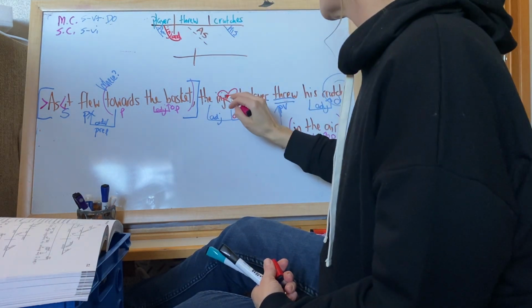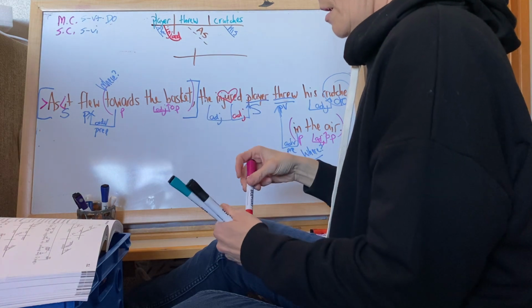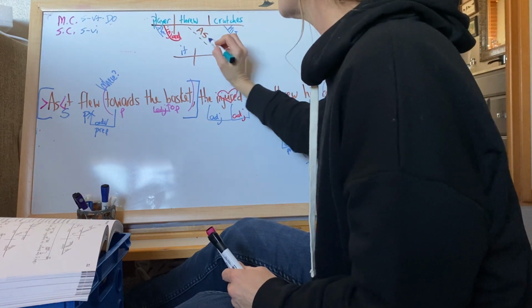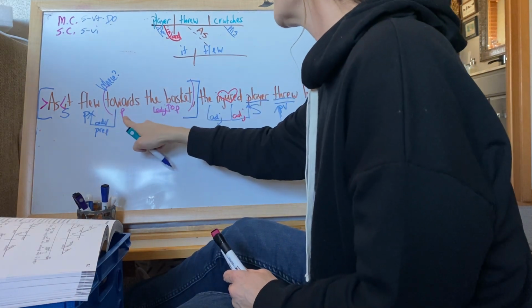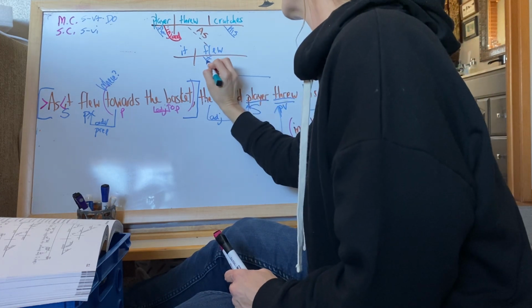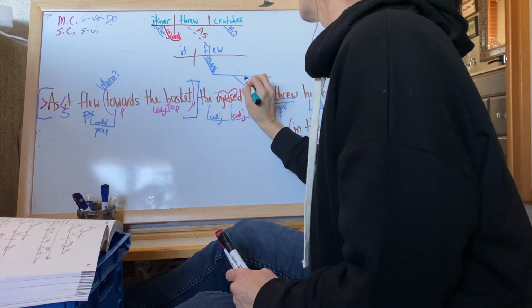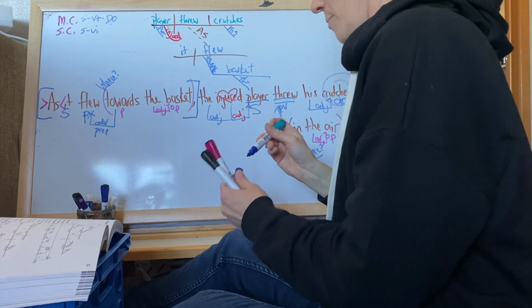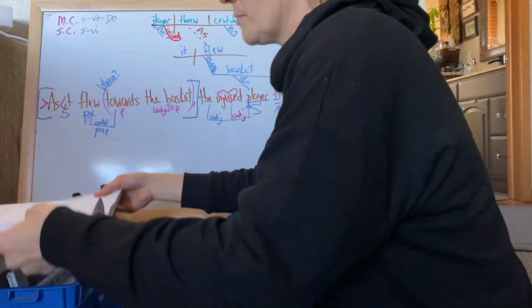So remember, we're going to put our verbal on a curved line. As it flew. Now we just have this one. Toward the basket. Boom. And there you have it.